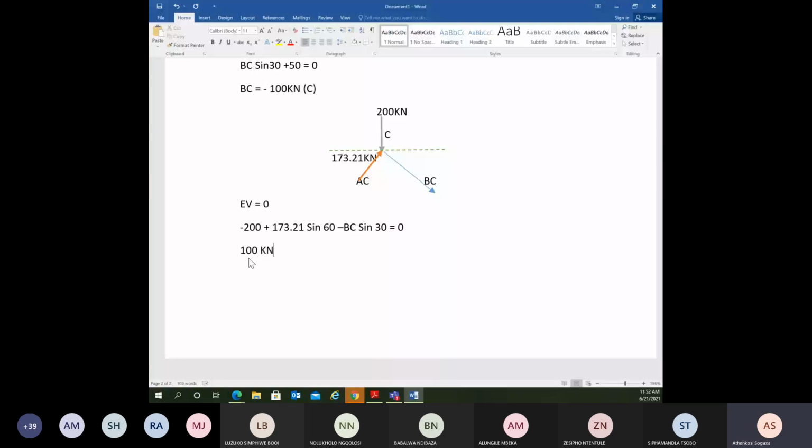Then it shows negative 50. Then the total is negative 50, divided by 0.5 or sine 30, gives 100 or negative 100, which is in compression.